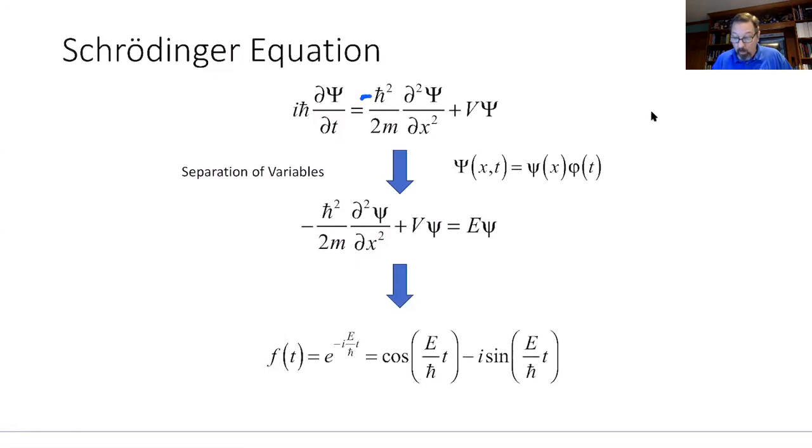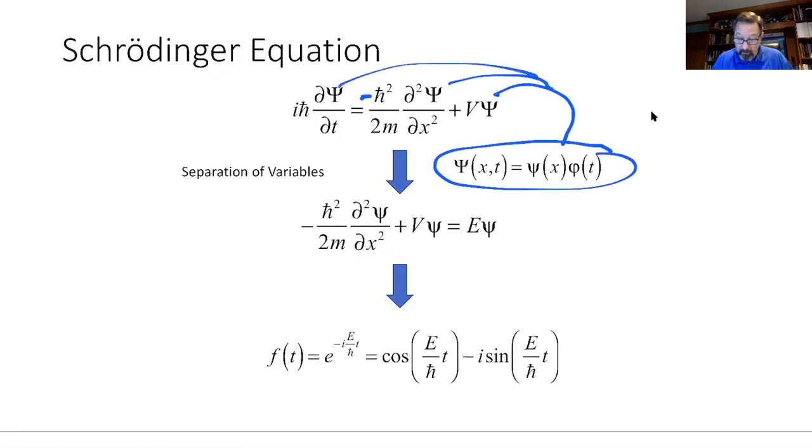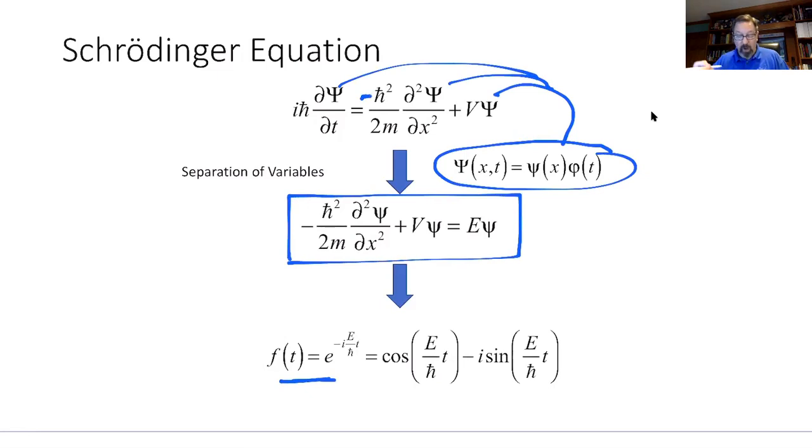What we did though is we took a separable solution, put it in here, here, and here, and we came up with the Schrodinger time independent wave equation. And we showed that that is what the time piece always is. And so our goal then is to figure out what is that other piece. What is that thing right there?